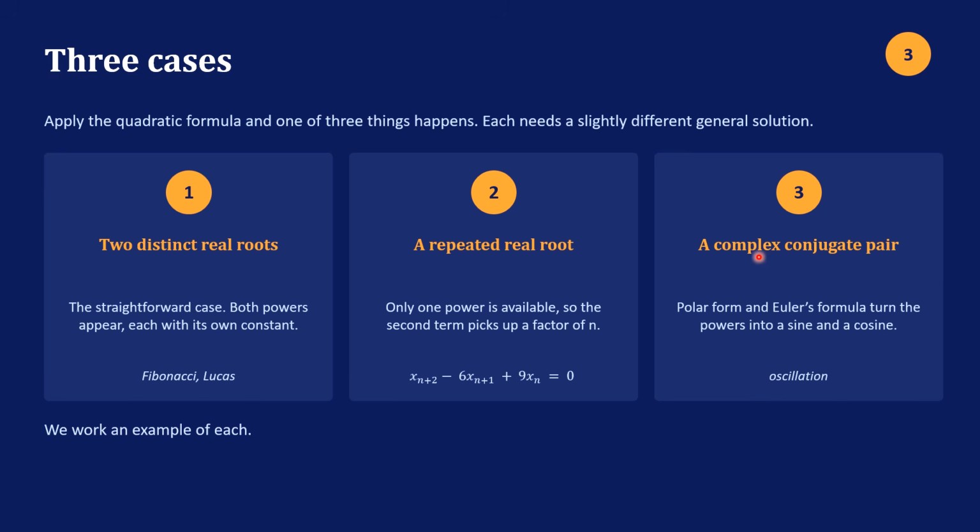And then you can get complex roots, and there's a solution in terms of powers of sine and cosine. So we have an example of that at the end. And in general, for higher order equations, you can get combinations of these things. You can get pairs of complex roots, you can get repeated roots, and then you can also get just single roots. But again, we're just going to focus on quadratic equations or second order equations in this lesson.